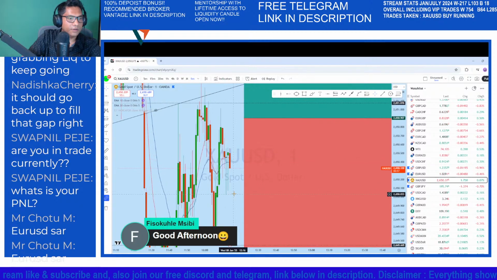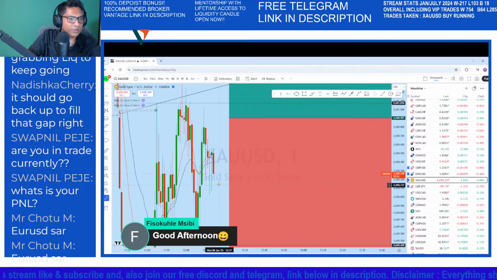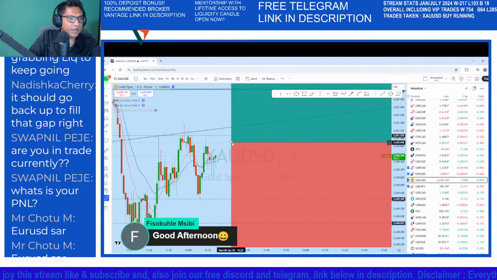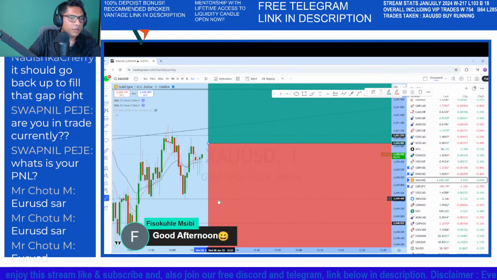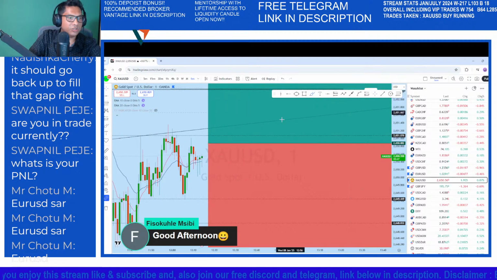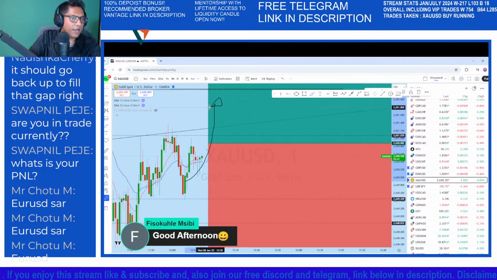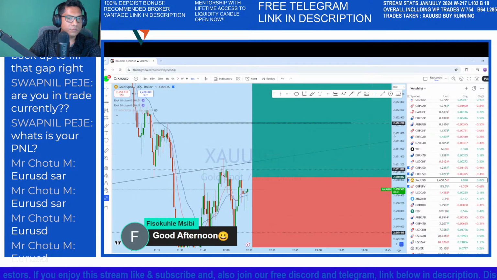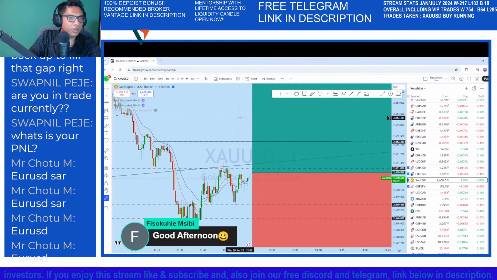Oh, there is a back-to-back two dojis and double rejection. Now from here, expecting the market to go back up and then move up to create a new higher high.